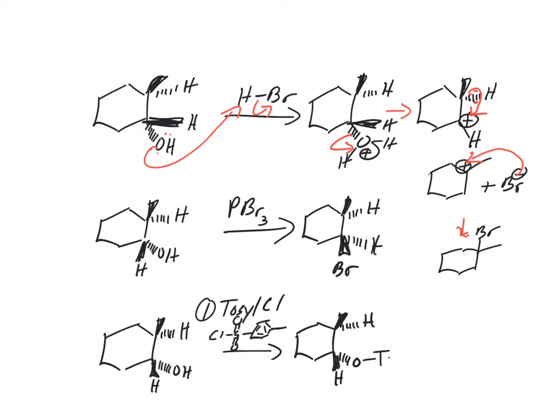So it's just abbreviated Ts. And that adds there, so essentially this chlorine is gone and this piece is the Ts. And then in the second step they're saying, what if you add in step 2 NaBr? What happens? Well, you're adding a nucleophile.